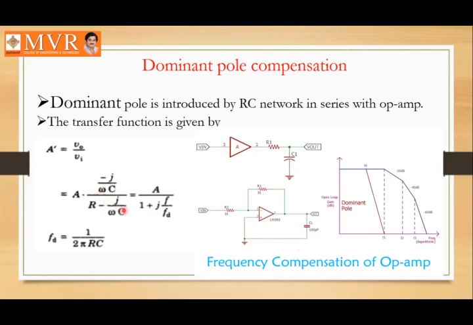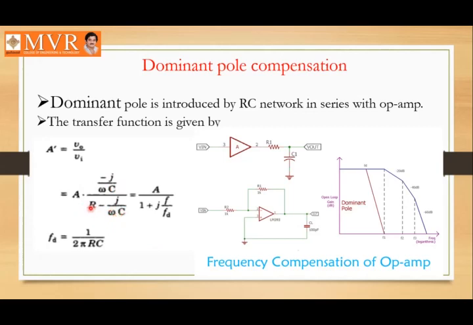We can write minus j as 1 by j. So j again comes into the denominator section, and here also j comes to the denominator section, and when j comes to the denominator, we multiply it with the RC.